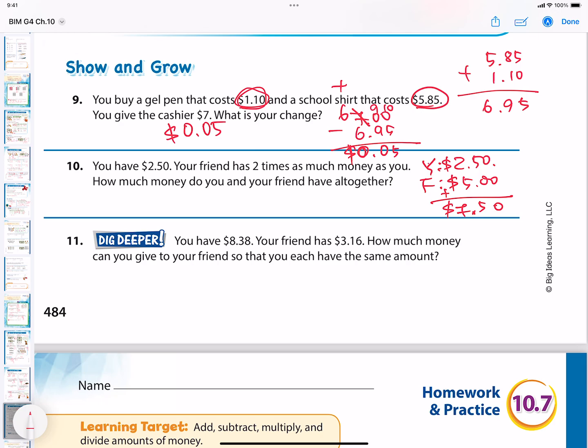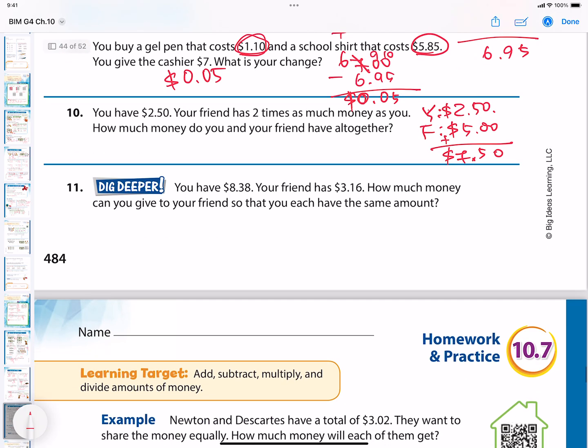You have $8.38, and your friend has $3.16. How much money can you give to your friends so that you each have the same amount? Ooh. Okay. So now, I'm going to add this amount together and then split them. Okay, and then find the difference. That's why it's dig deeper.